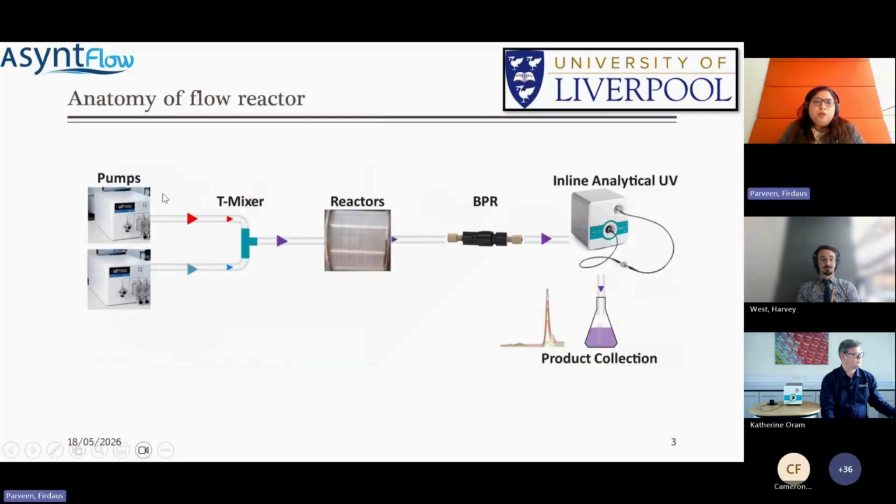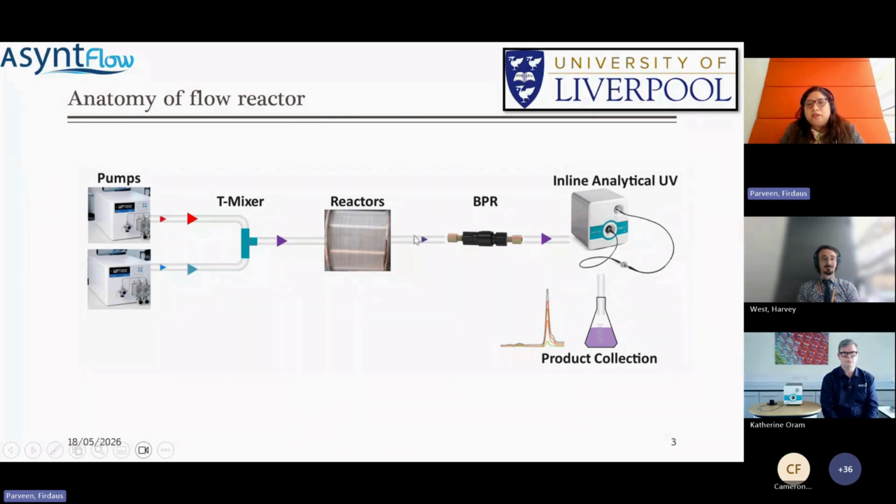So a typical flow reactor consists of different parts. It contains pumps which are used to pump different reagents. These reagents are mixed in a T mixer or Y mixer, and pass through a reactor. This is the zone where the reaction happens. The two reagents can mix together and react, and reactors can be heated or cooled.